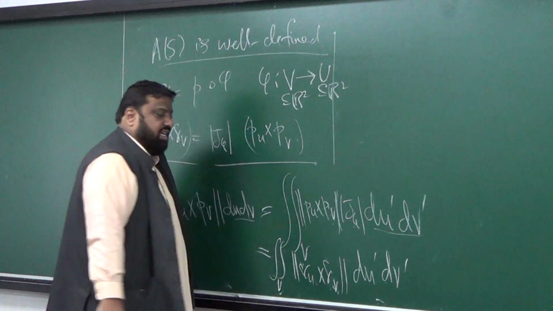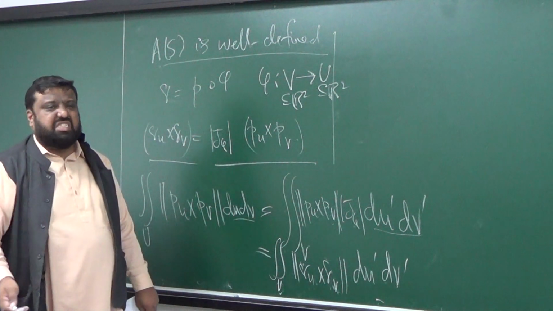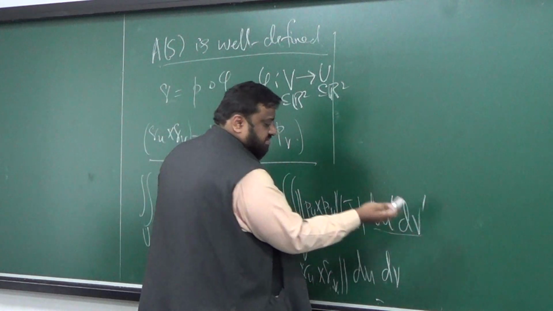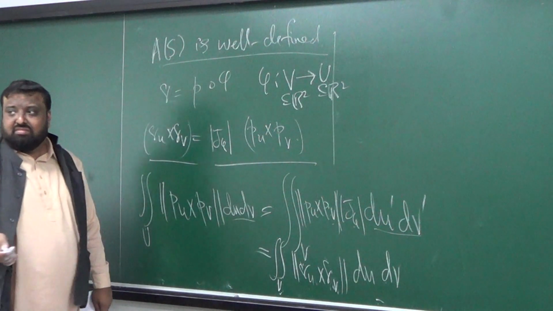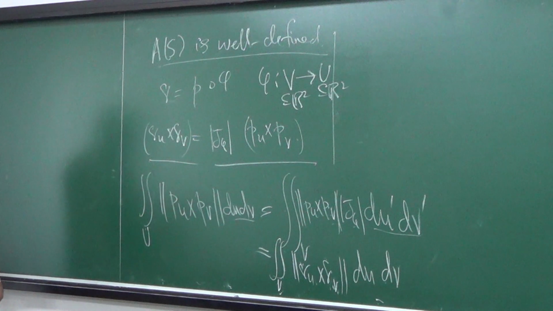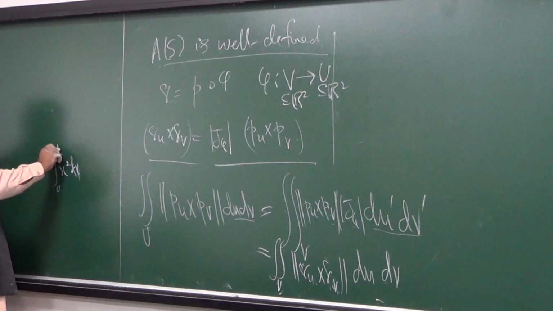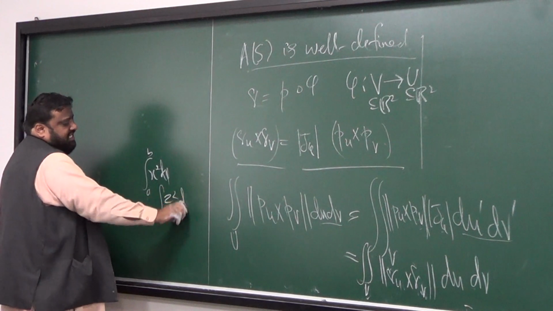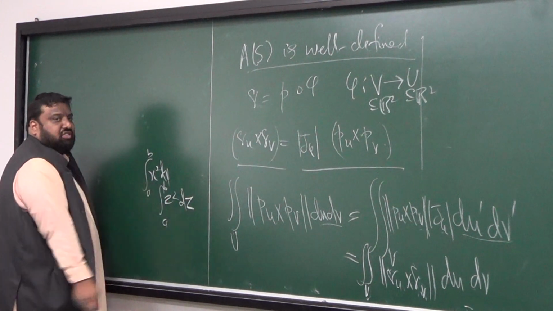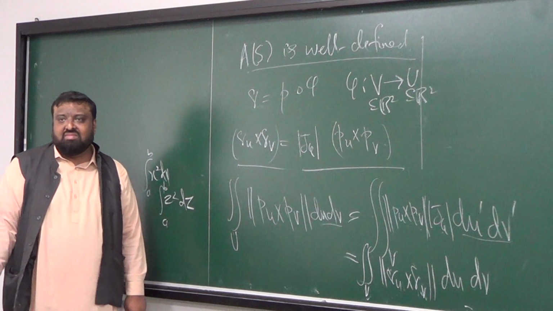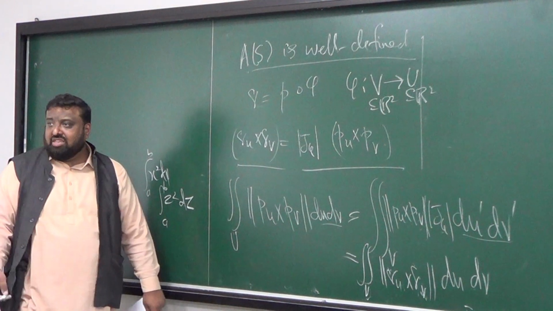And this u prime and v prime are just dummy variables. I mean, if you wish, you can just change everything u prime v prime to uv, and it's not going to change anything. As so I have this x square dx from a to b and z square dz from a to b. So is it going to change anything? It's not going to change anything.